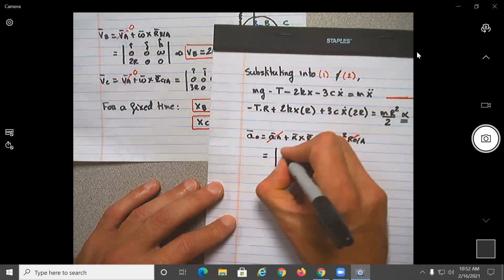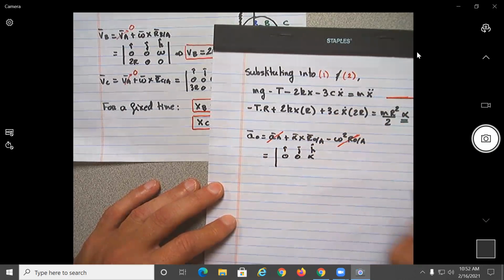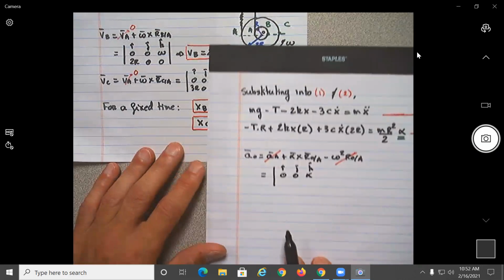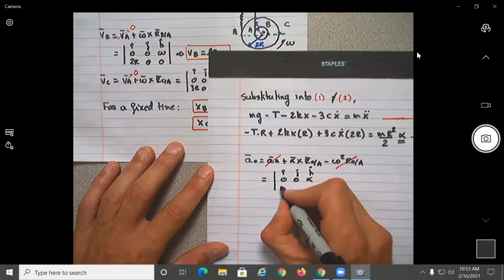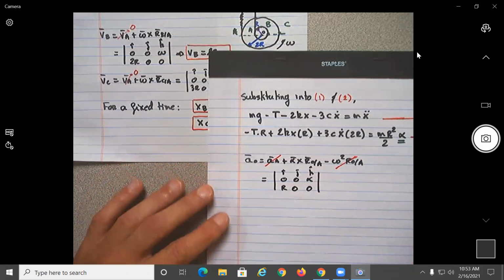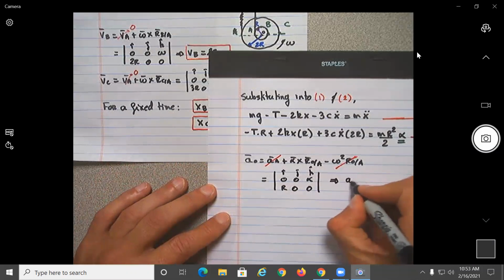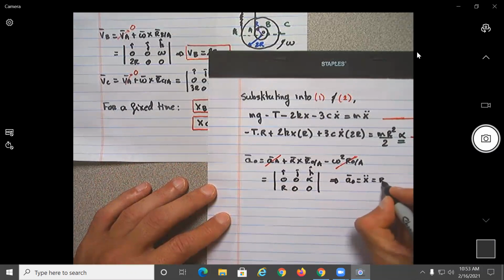So it will be equal to I, J, K, 0, 0, alpha, and the position of O with respect to A will just be R. So this will give you that the acceleration of O, which is really our x double dot, will be equal to R alpha.